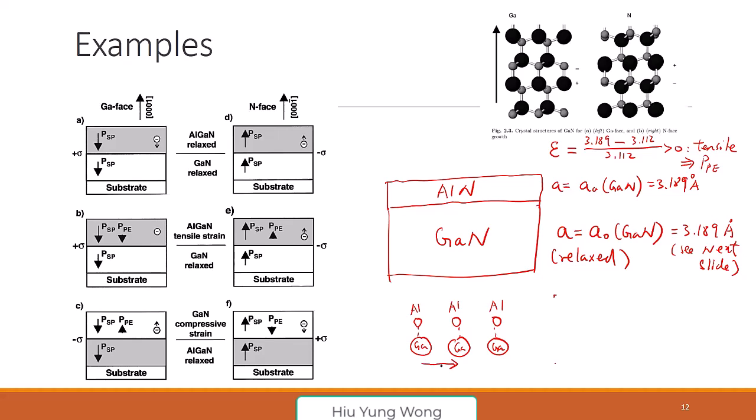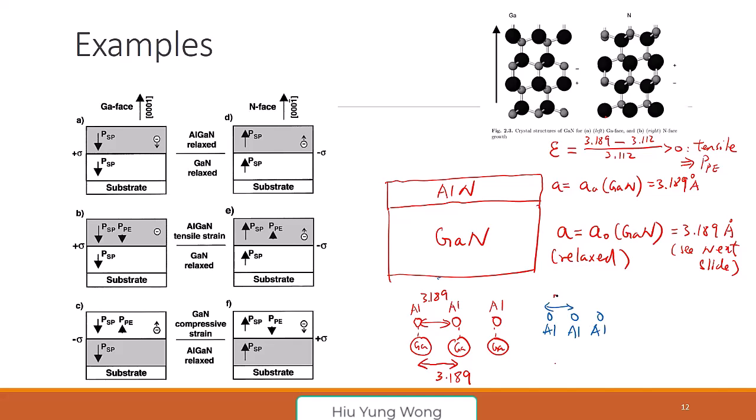So now this is not a real picture, but I think it is better to do it this way so you understand better. Gallium nitride is 3.189 angstrom. So when I put aluminum nitride on top of it, what is this? Also 3.189. But originally, for a relaxed aluminum nitride, maybe I draw here, aluminum nitride, aluminum, not the right picture.